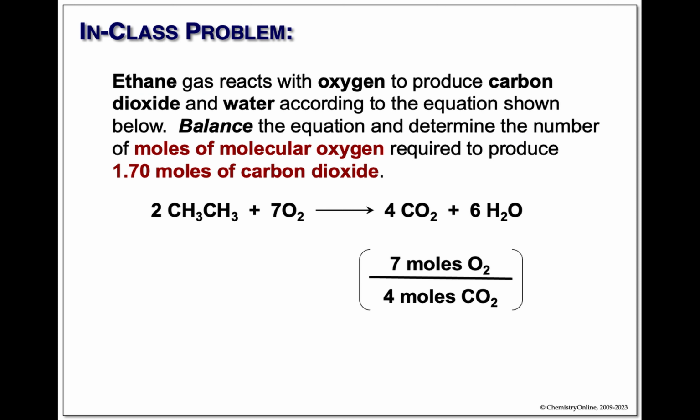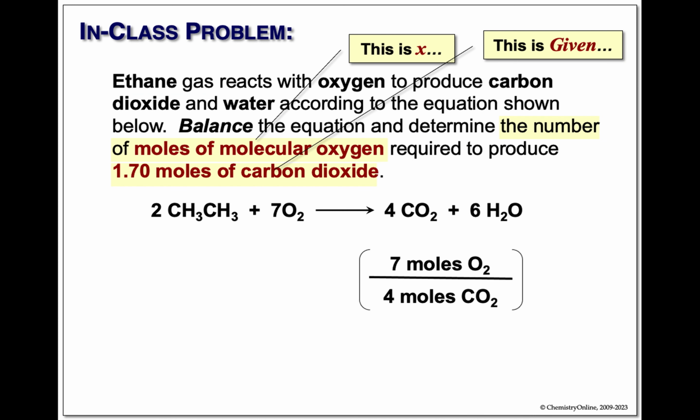Now, our unknown X is going to be moles of molecular oxygen, and our given is 1.7 moles of CO2. So we set these up like that.